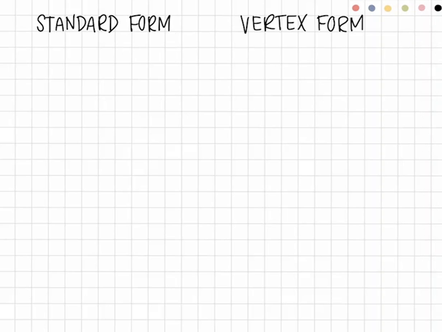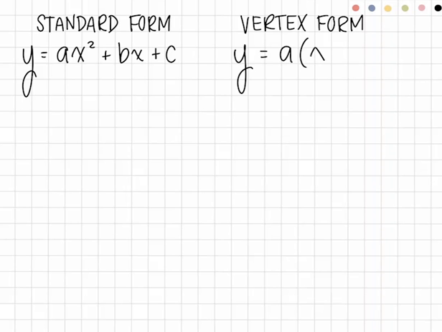Standard form, we've got y equals ax squared plus bx plus c. And in vertex form, we've got y equals a bracket x minus h squared plus k.